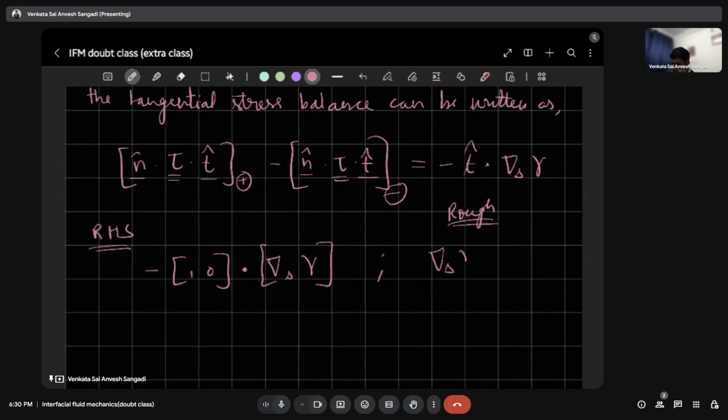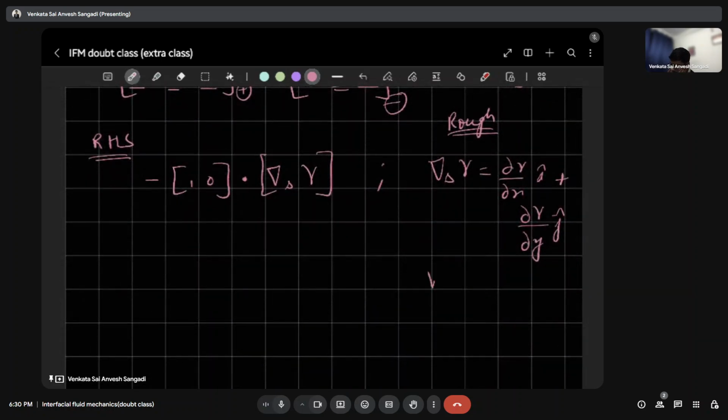So del S gamma can be written as del gamma by del X I cap plus del gamma by del Y J cap. So del S gamma is equal to minus beta gamma naught.